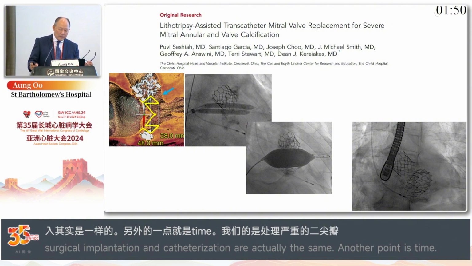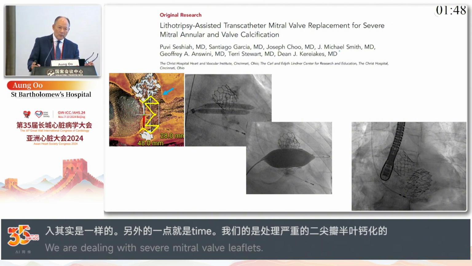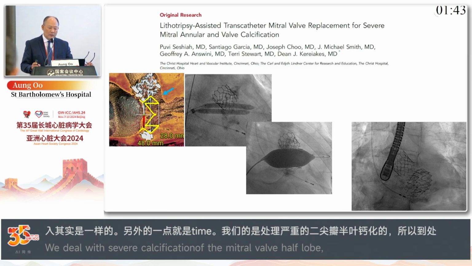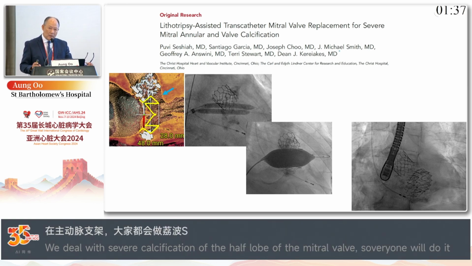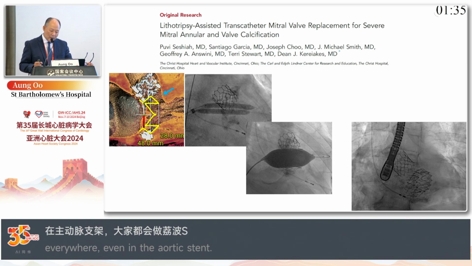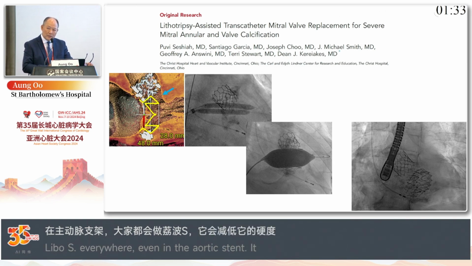Now lithotripsy is everywhere, even in aortic stenting, and you can do the same for mitral annular calcification to reduce the stiffness, and then put the transcatheter mitral valve in afterwards.